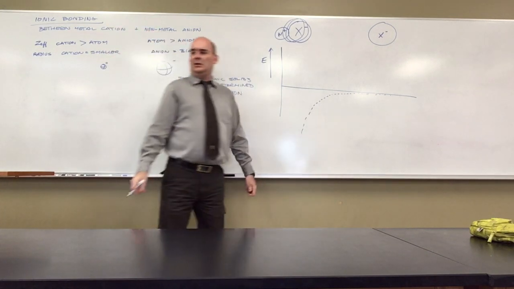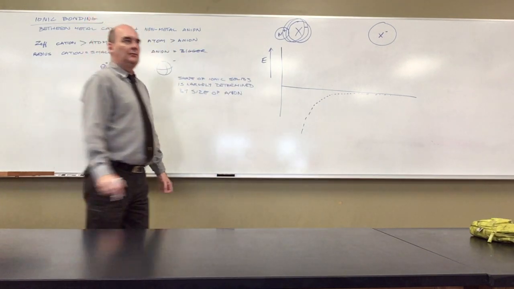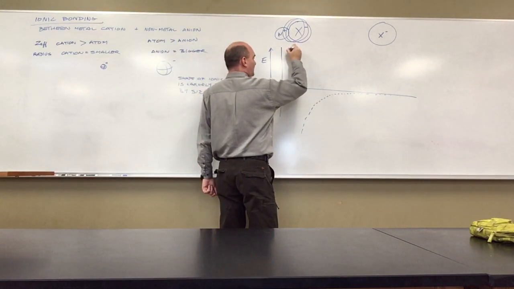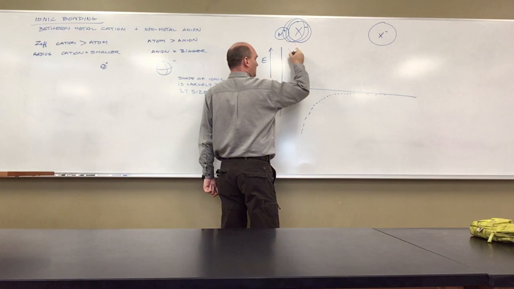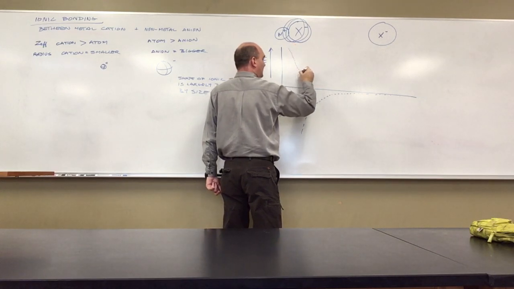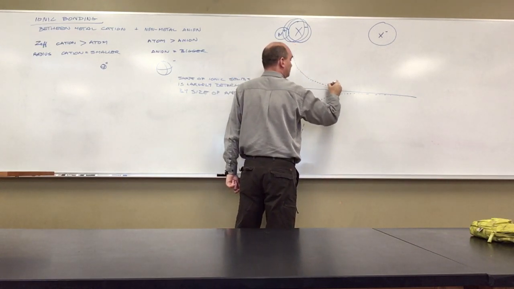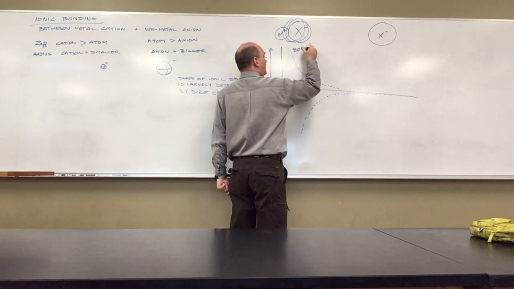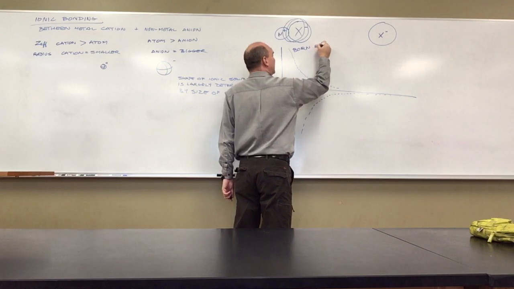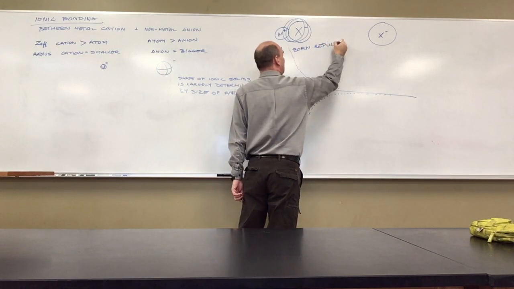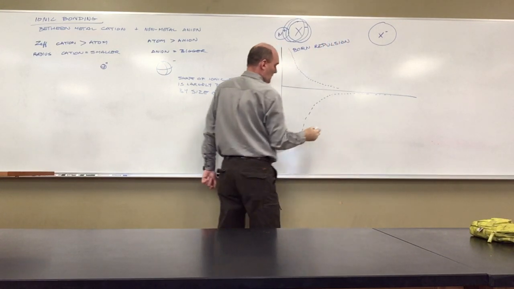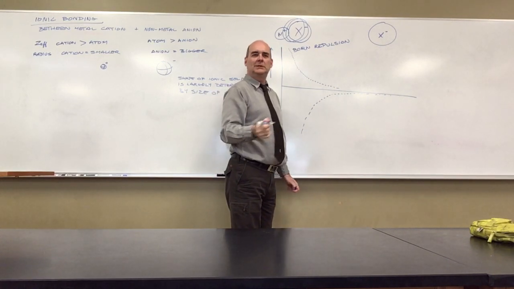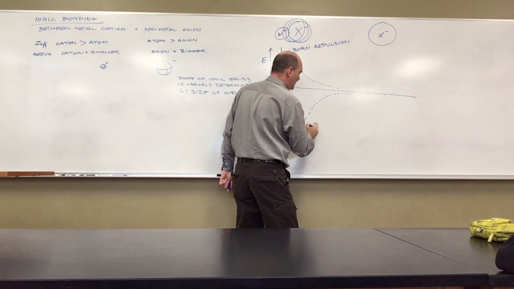And then when you get close, there is a repulsive force. And the repulsive force only matters when you're close in. This repulsion is named after Max Born. And is it Emile Coulomb? I don't remember what Coulomb's first name is.